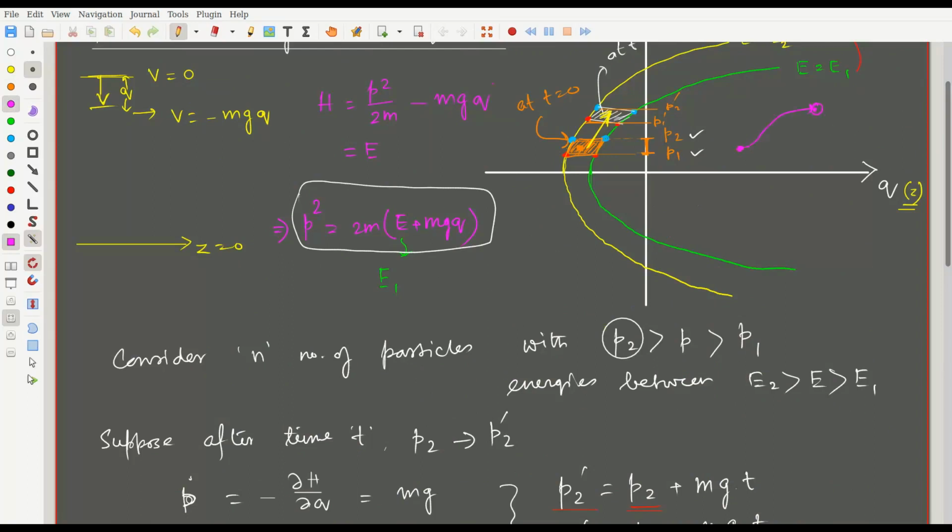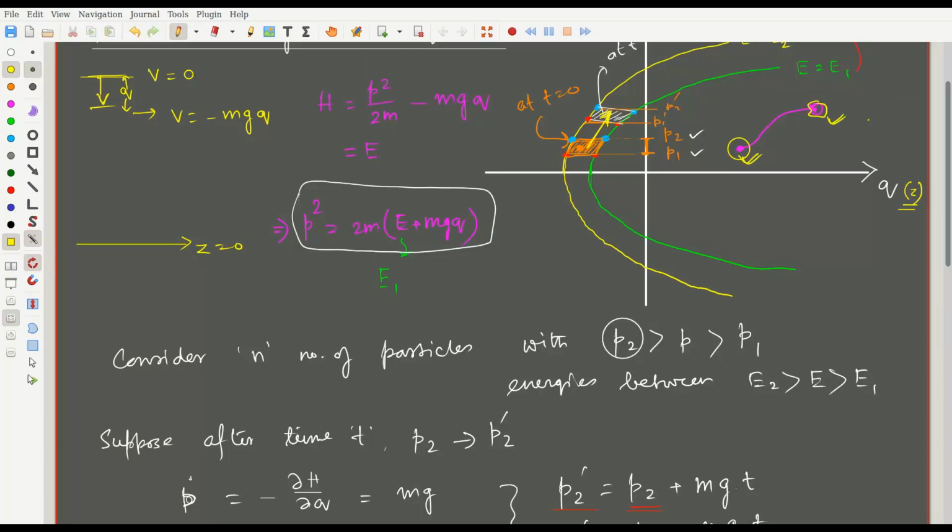Then the density of phase space points at t equals 0 around this coordinate would be the same as the density of phase space points around this coordinate at t equals t. That does not mean, however, that at t equals 0, the density of points here and here were the same. It means that when you evolve that coordinate according to your canonical equations, after time t, the density of points stays the same there.